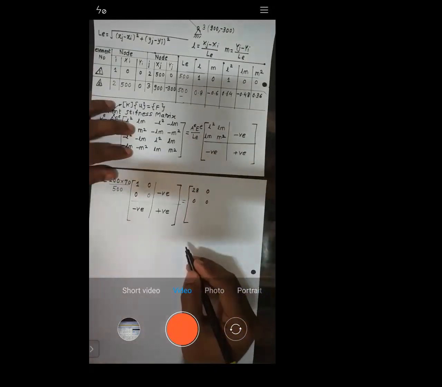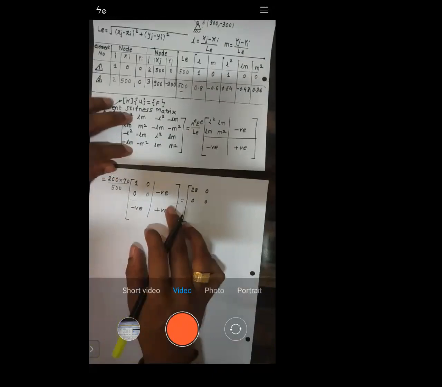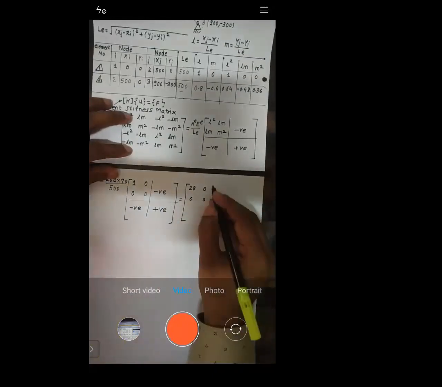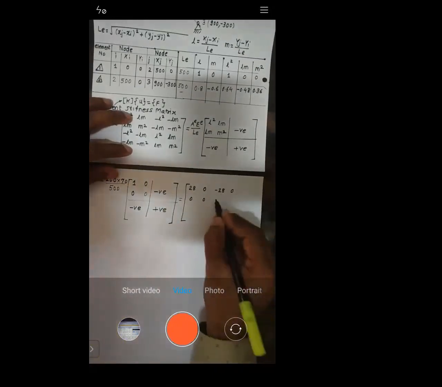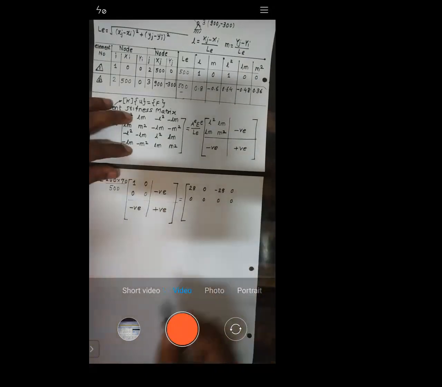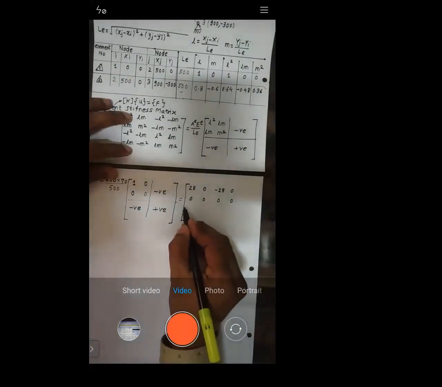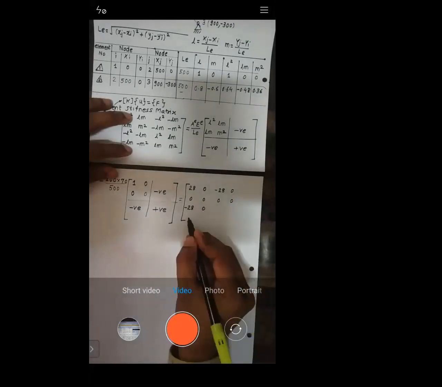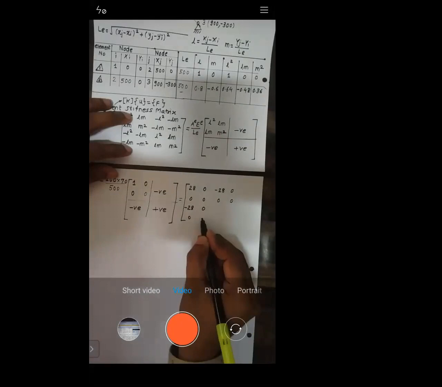Here I get minus 28, 0, 0, 0. Again here minus 28, 0, 0, 0. And here 28, 0, 0, 0.